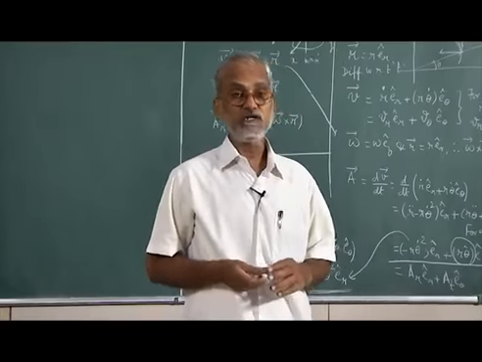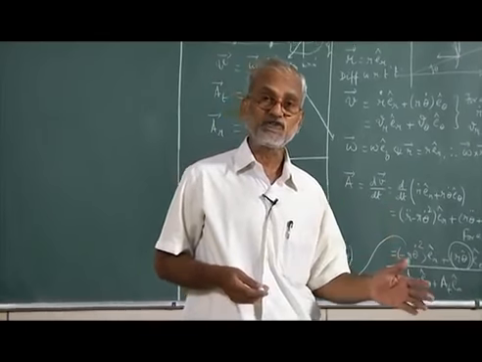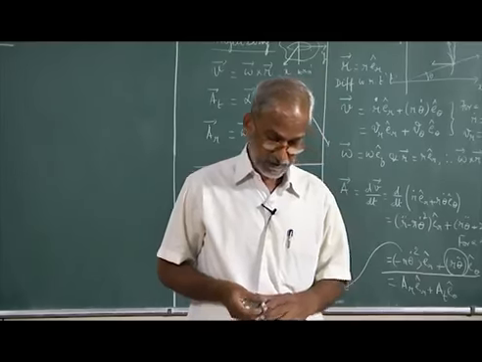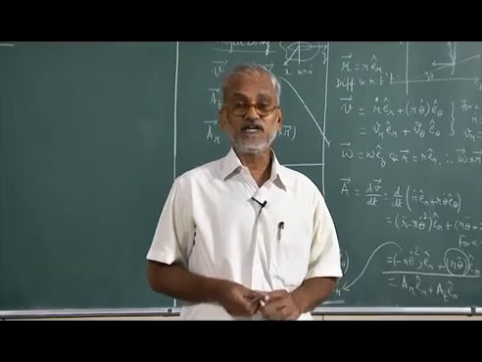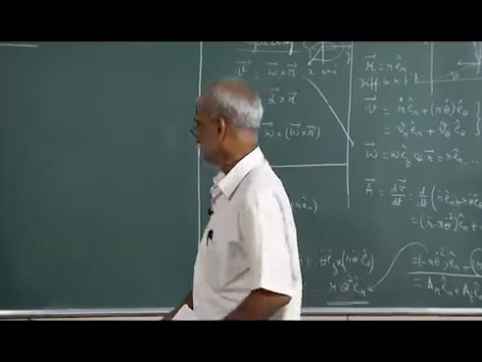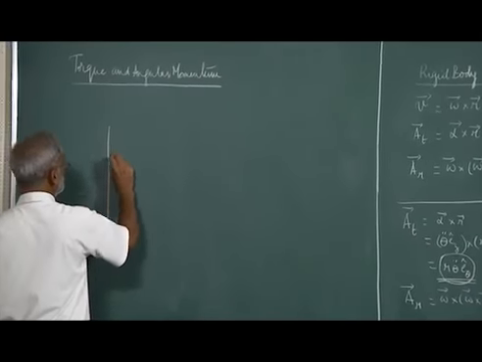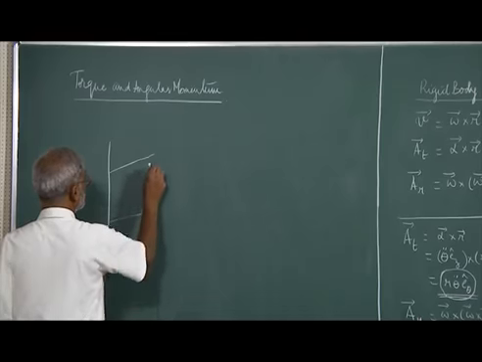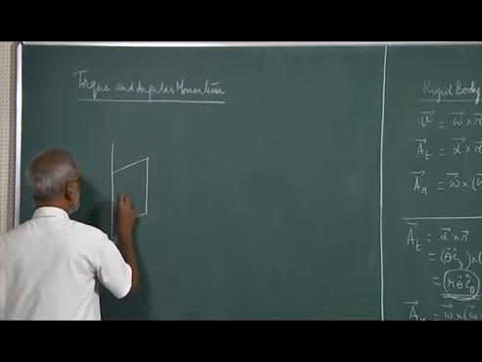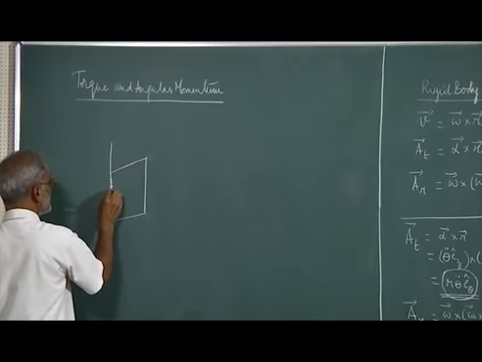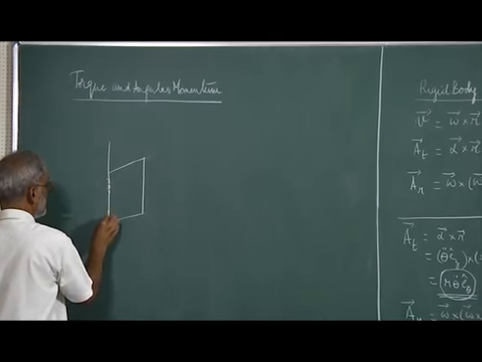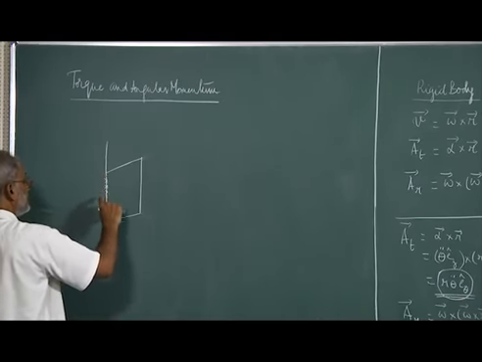Now it also produces an acceleration on the body. Now we consider the following situation. Suppose I have a door like this, these are all hinges, there is one here, there is one here.